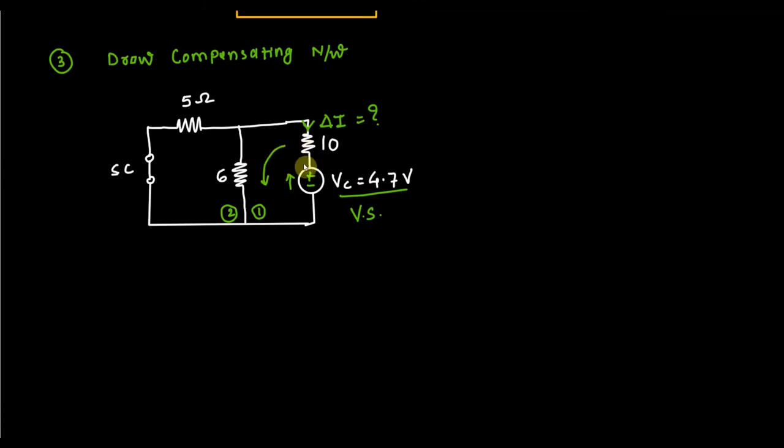This is the current I1 in mesh 1 and this is the current I2 in mesh 2. So let I1 and I2 be the mesh currents.